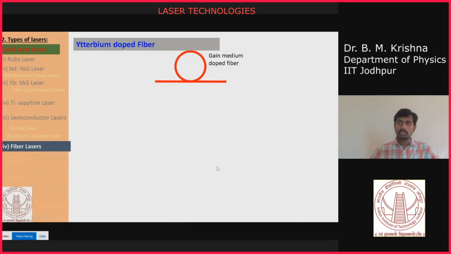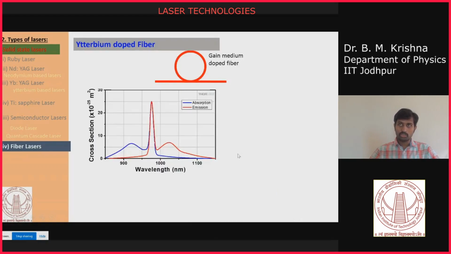Now similarly you can dope ytterbium. So this is the absorption spectrum of the ytterbium doped fiber. Now if you see your wavelength regime, this is the blue curve.